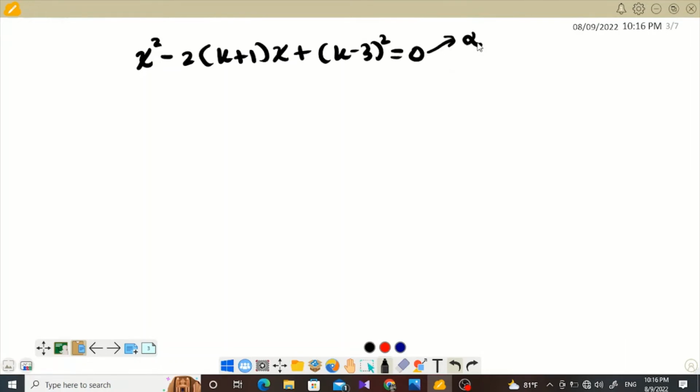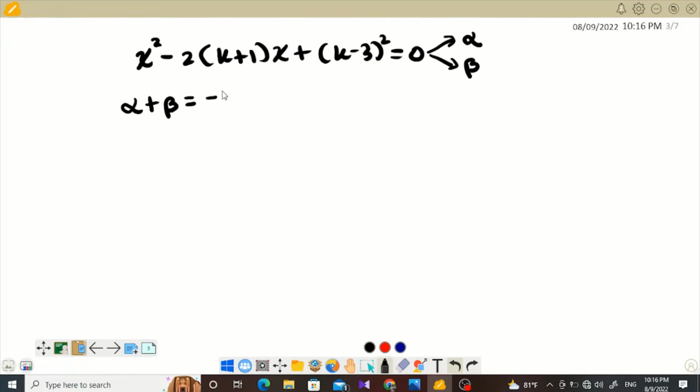I write the quadratic equation here again: x squared minus 2(k plus 1)x plus (k minus 3) squared equals 0. They have given that the roots of this equation are alpha and beta. So I am going to write the expression for alpha plus beta.